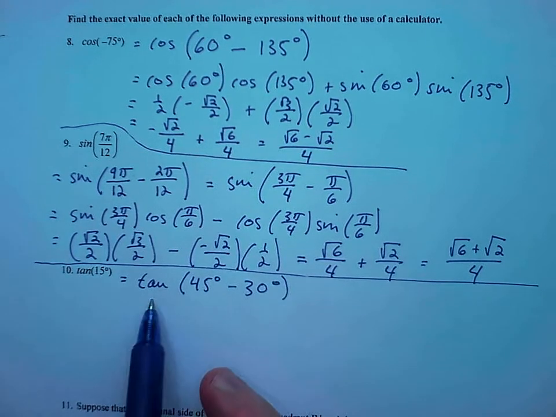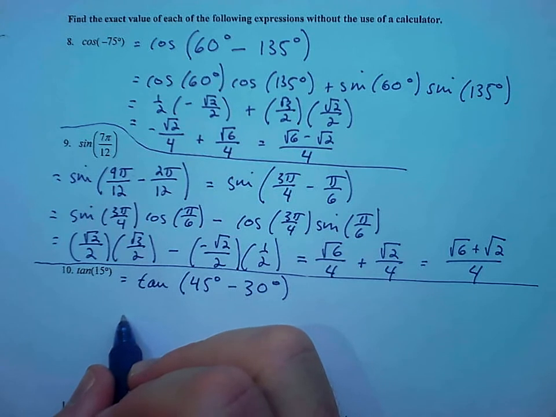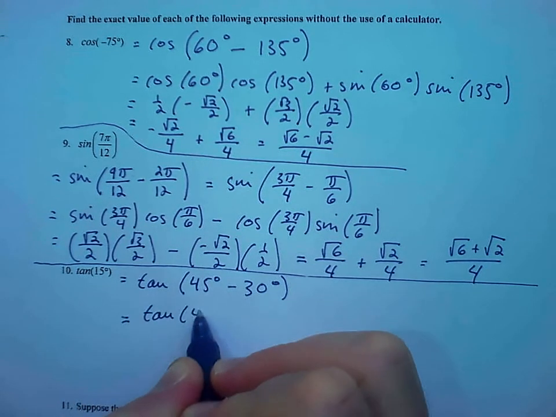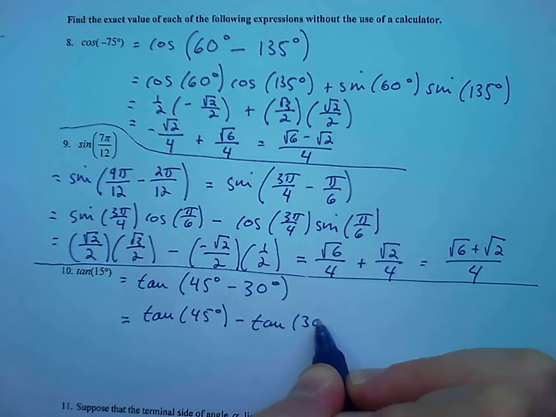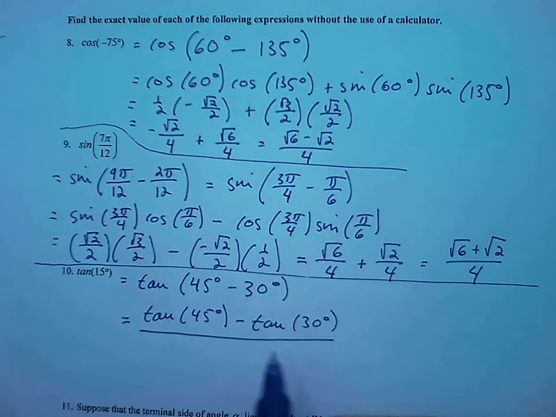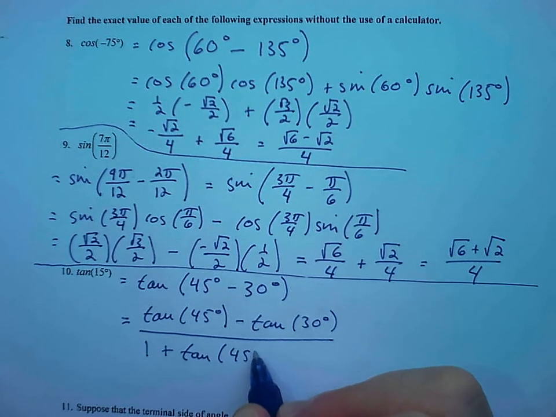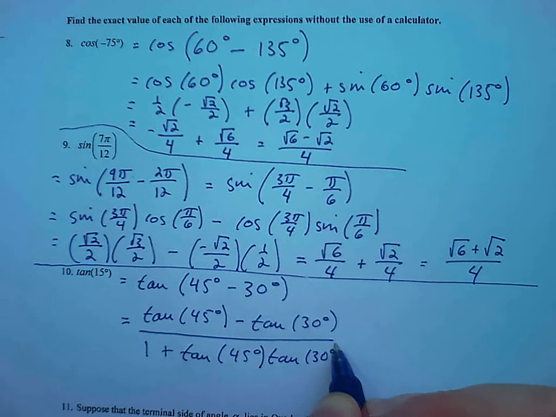And now for the tangent of these two angles that are being subtracted, we can use one of the identities: the tangent of 45 degrees minus the tangent of 30 degrees over 1 plus the tangent of 45 degrees times the tangent of 30 degrees.